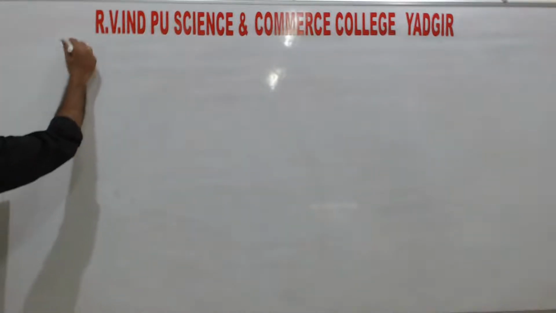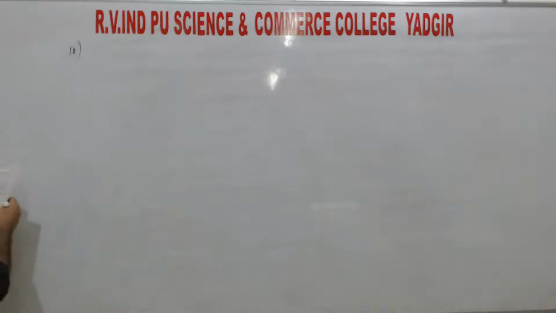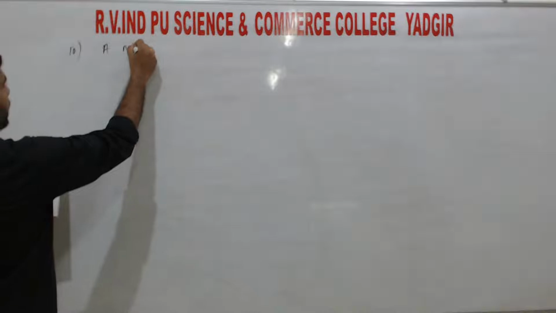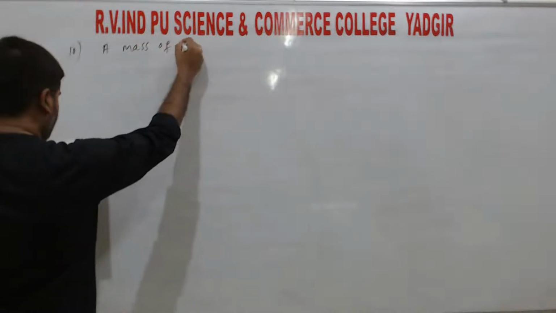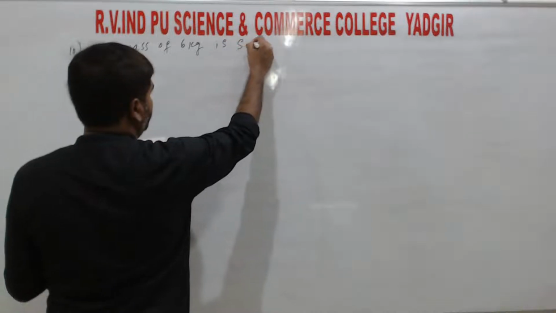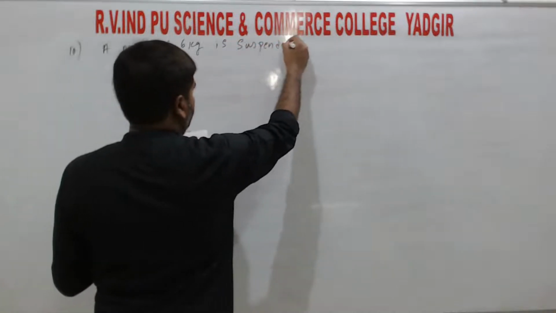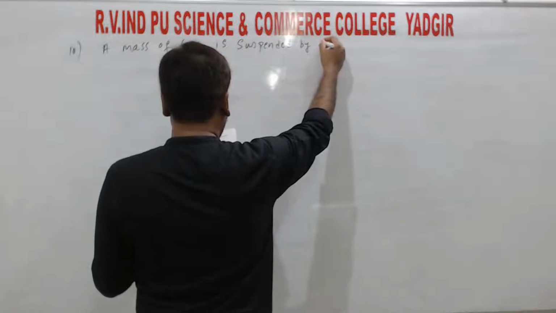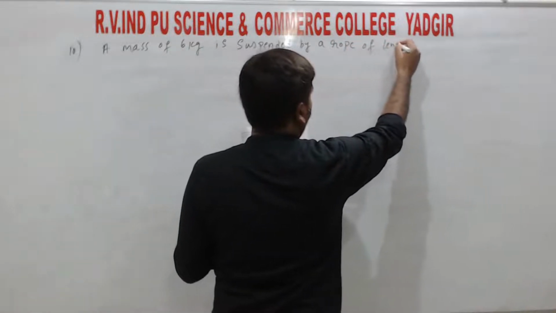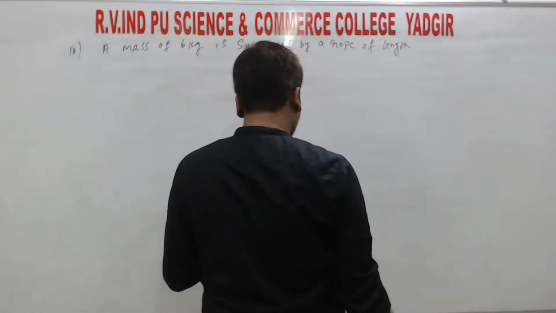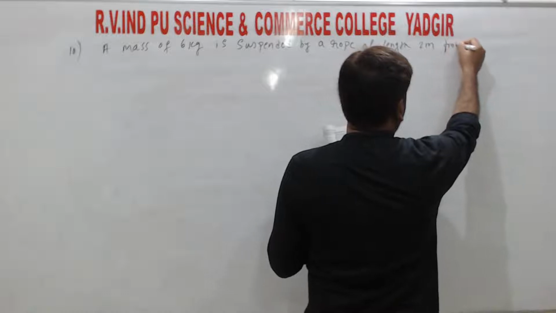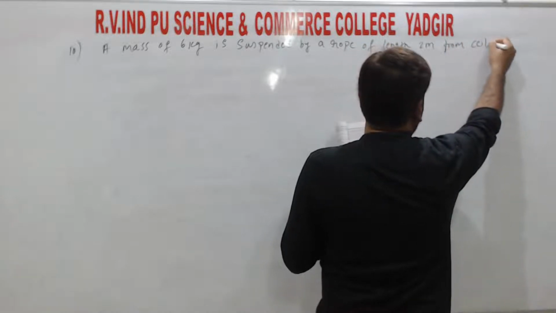So next, 10th problem. A mass of 6 kg is suspended by a rope of length 2 meter from the ceiling.